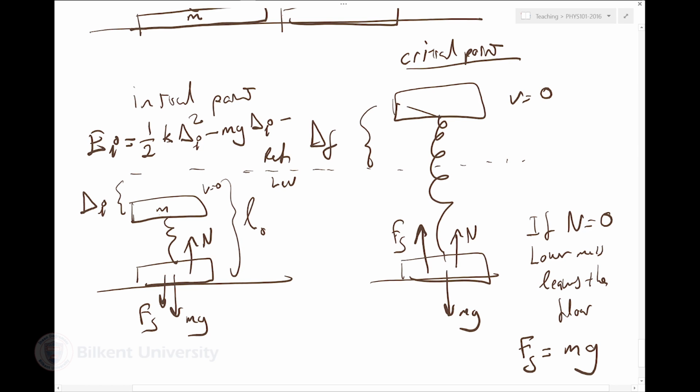So it should be minus mg times L0. But I'm really not interested in that much because when I'm writing the final energy, there is no kinetic energy. I'll have 1/2 k delta final squared plus mg delta final minus mg L0 for the lower mass. Because it hasn't moved, I will just cancel both.